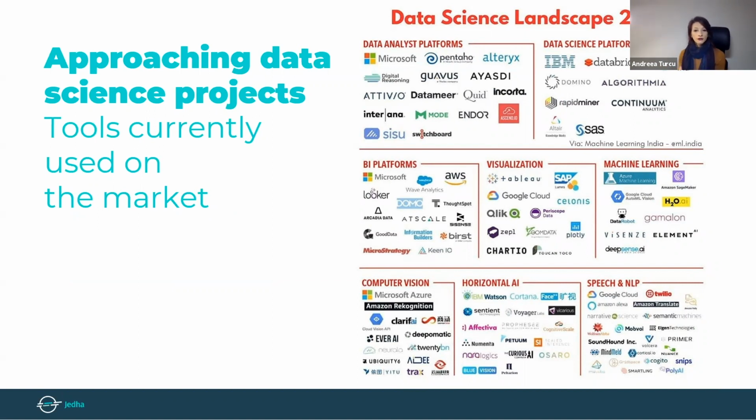If you watch this graph of the Data Science 2020 landscape, you are going to see that there are multiple platforms that can be used within the analytics field. So there are platforms that cover subjects for many data science subcategories, such as data analysis, data science, business intelligence, visualization, machine learning, computer vision, artificial intelligence, speech and natural language processing.